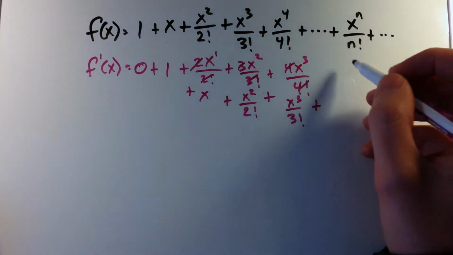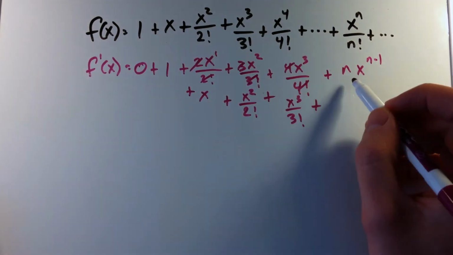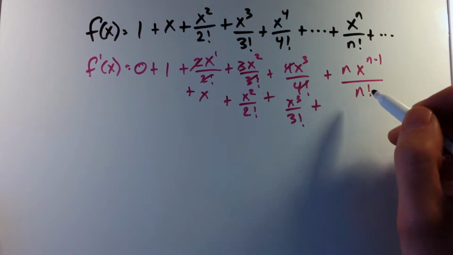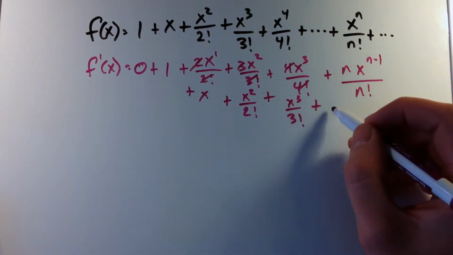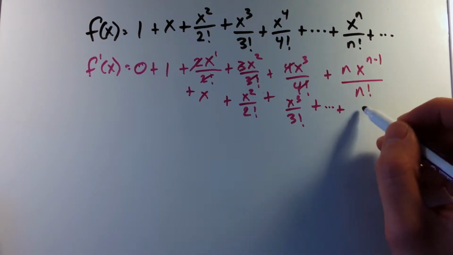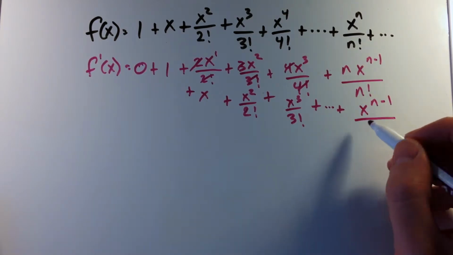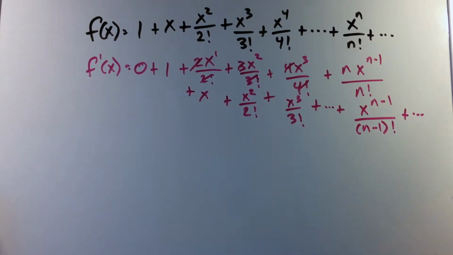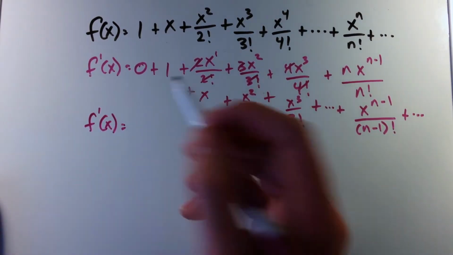We bring down the n times x to the n minus 1 over n factorial. We cancel out the n and the n factorial like we did over here, and we can rewrite that to be x to the n minus 1 over n minus 1 factorial plus, etc. And we keep going.